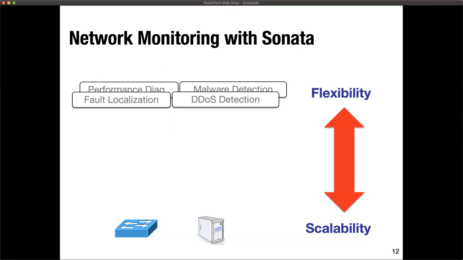We have limited compute resources, limited memory resources, and between the switches and these user space devices, we have limited bandwidth as well, right? So if I have a network which is handling terabits of traffic, I don't have terabits of capacity between the switch and the user space. Maybe I have 10 Gbps, 1 Gbps. So that also is a constraint that we have to deal with.